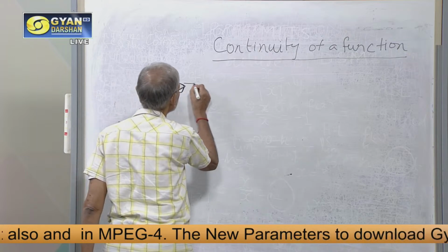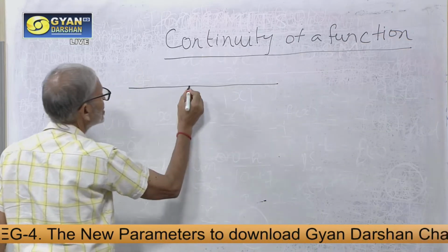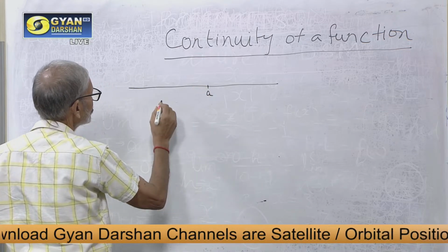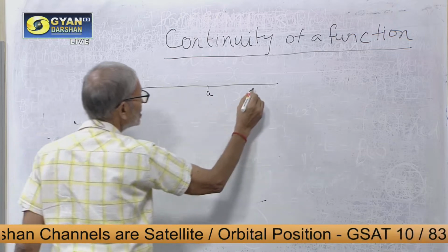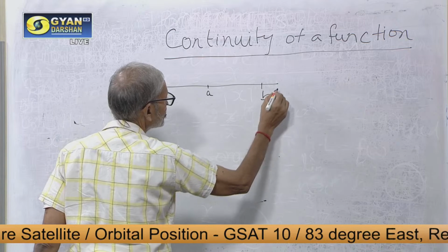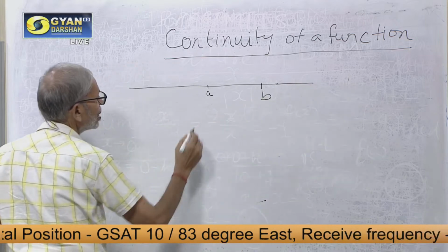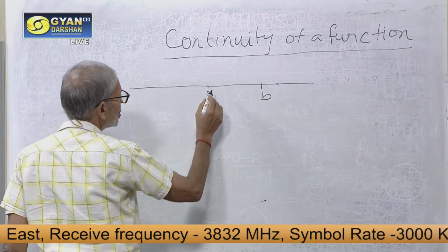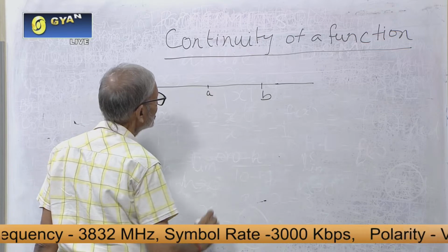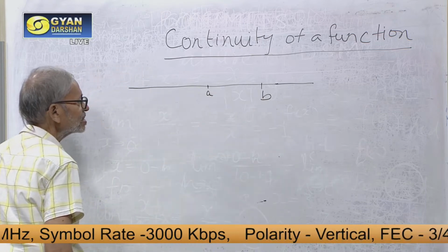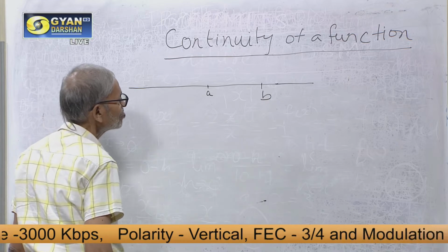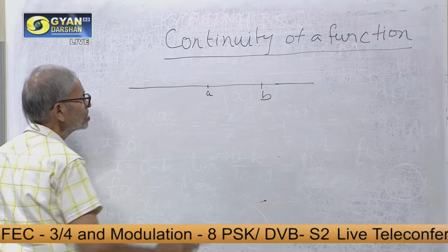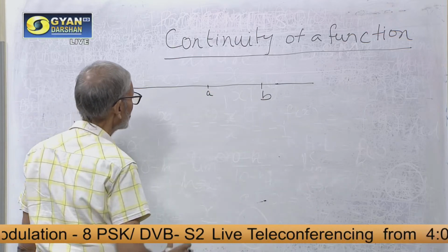Say this is a real number line, this is A. Suppose the interval is given A and B. If within this interval, for every point, the limit exists and the function is continuous, then we call that the function is continuous throughout this interval.